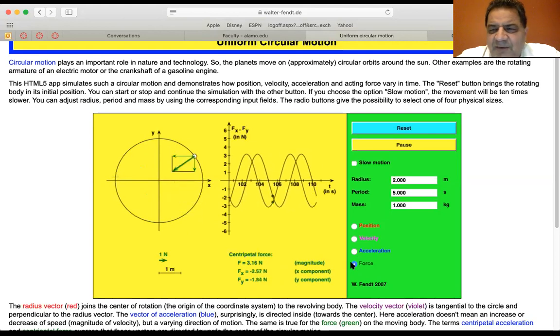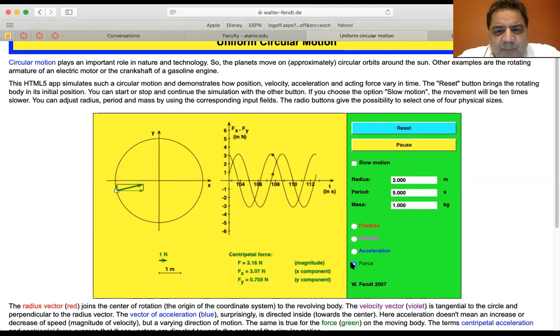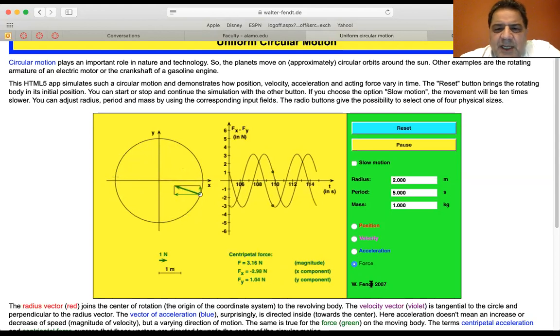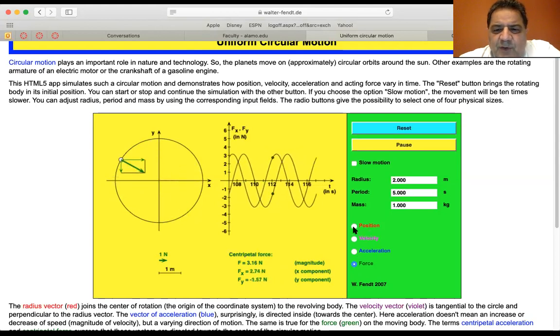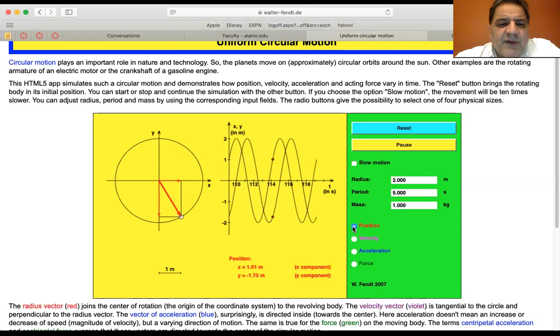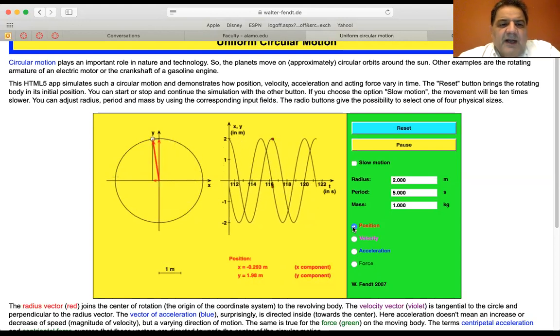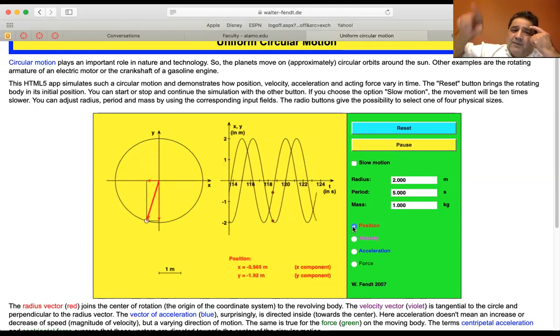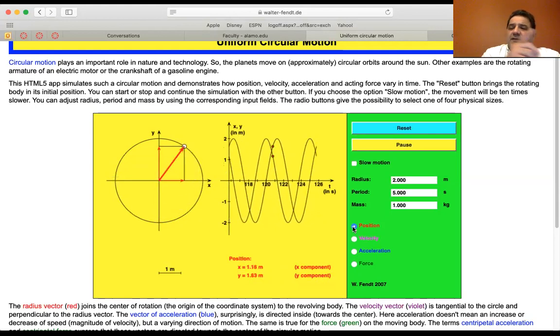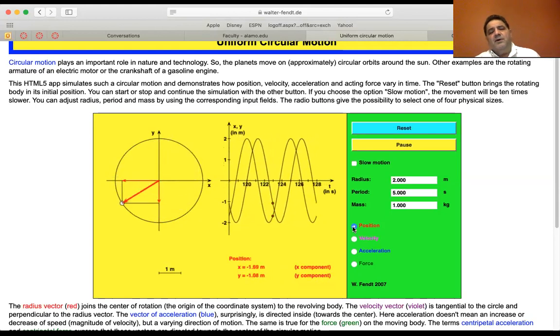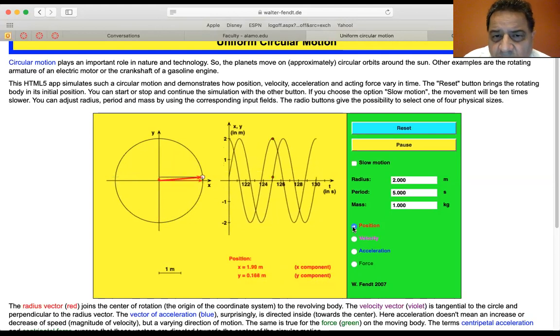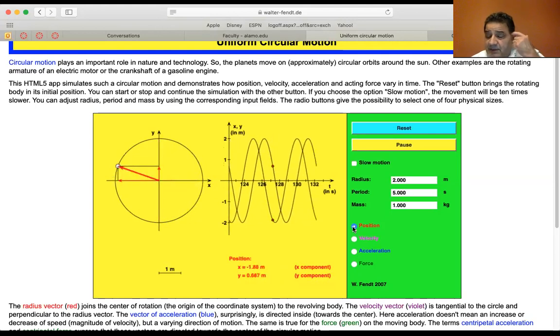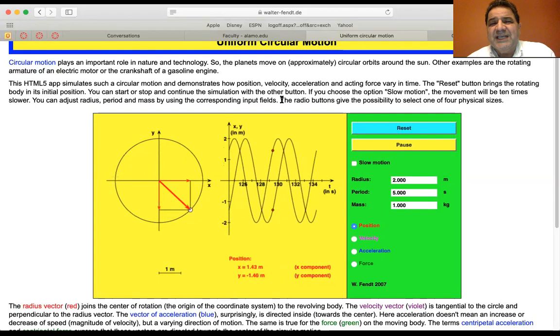The center-seeking force always makes it point inward. So especially if we go to the position, the red position vectors, you can see how the up and down simple harmonic motion or side-by-side simple harmonic motion gets translated to circular motion. And that's what this section is about.